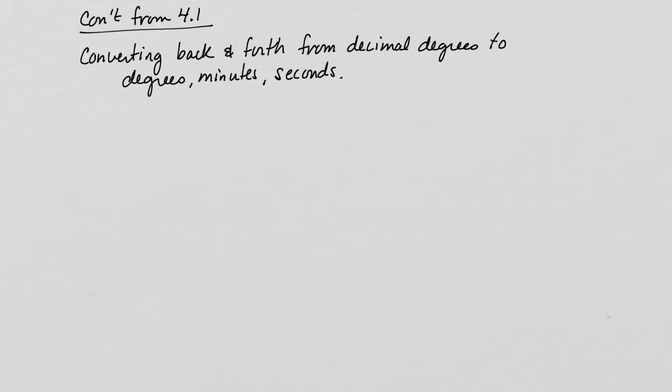So what we're going to think about is a circle, and our circle, remember, has 360 degrees all the way around. We're going to think of that 360 degrees as representing 360 hours.